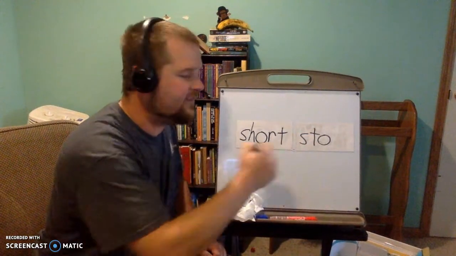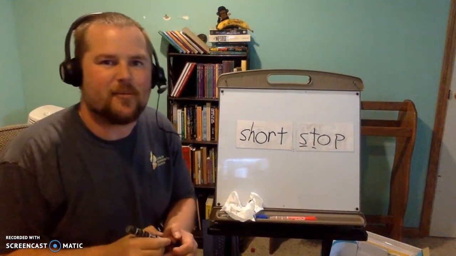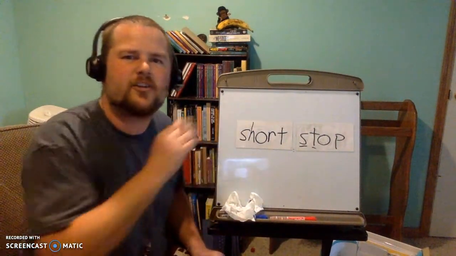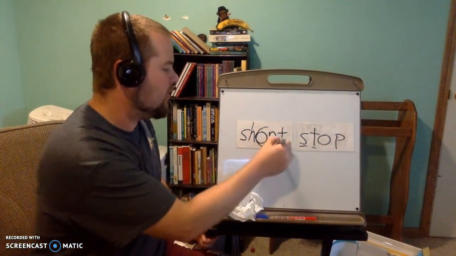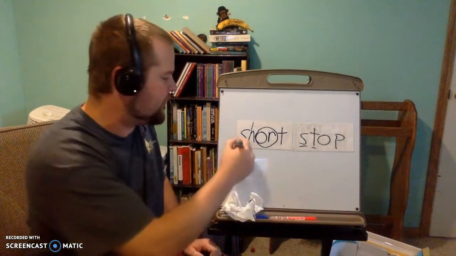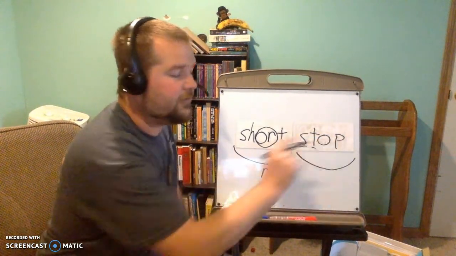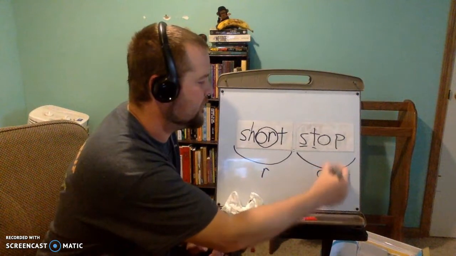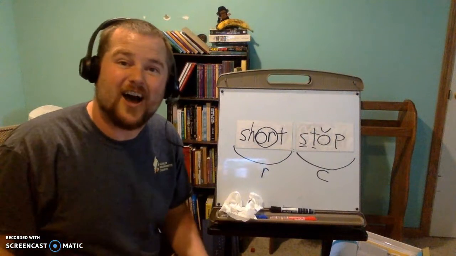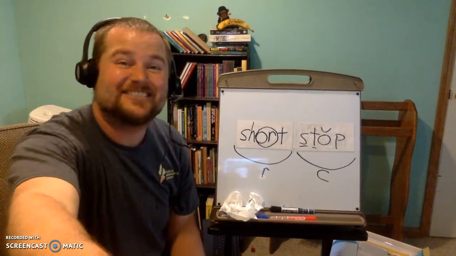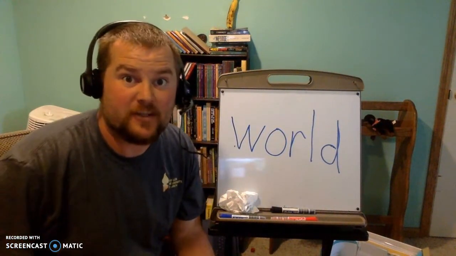So we have a blend there, st, ah, p, shortstop. And now go ahead and mark your syllables. Okay, we have O-R horn or, that's an R-controlled syllable. So we put an R. Then we have one vowel closed in by a P. So that is a closed syllable, and that O is saying ah. And there you have it. Shortstop. Nice job, guys.